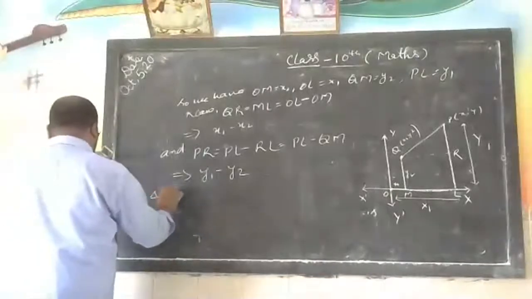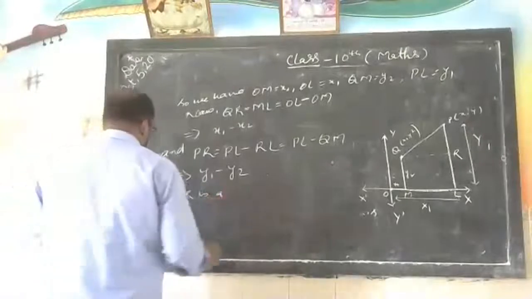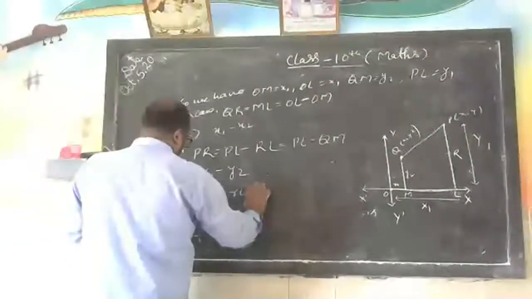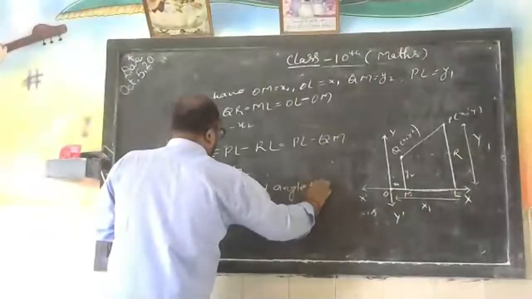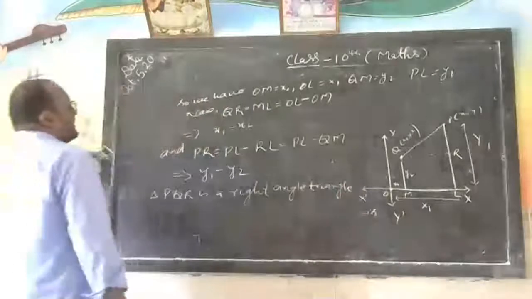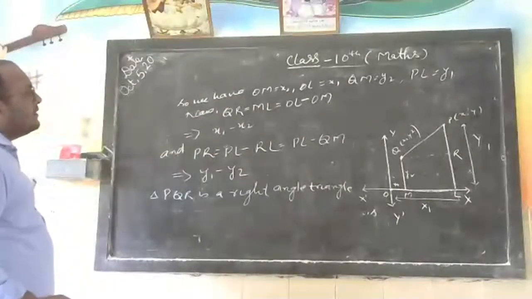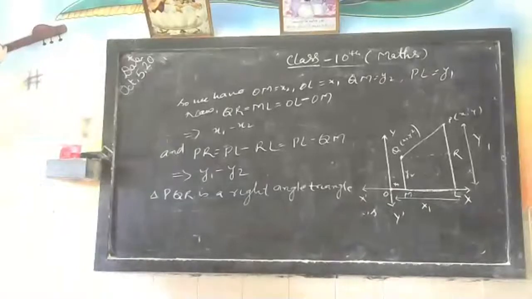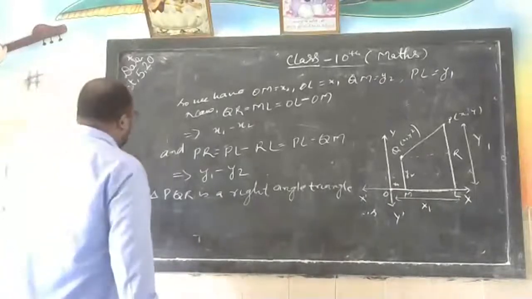So triangle PQR is a right angle triangle, because PL is a perpendicular on the x-axis.